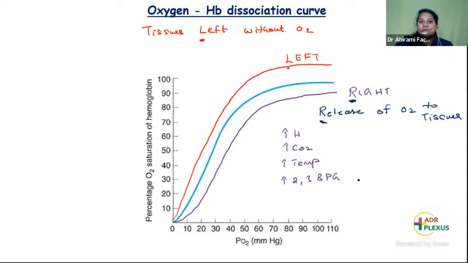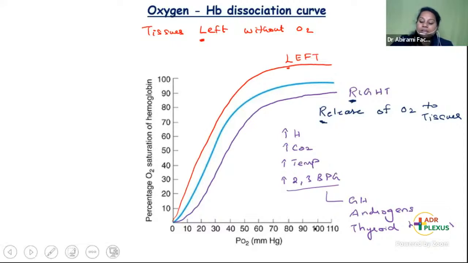It is a byproduct of glycolysis, and this 2,3-BPG is affected by a few hormones. It is increased by growth hormone, androgens, thyroid hormones. All these three can increase 2,3-BPG, so all this will also cause a right shift of the curve. Since it's right shift, we have placed all positive or increasing factors.